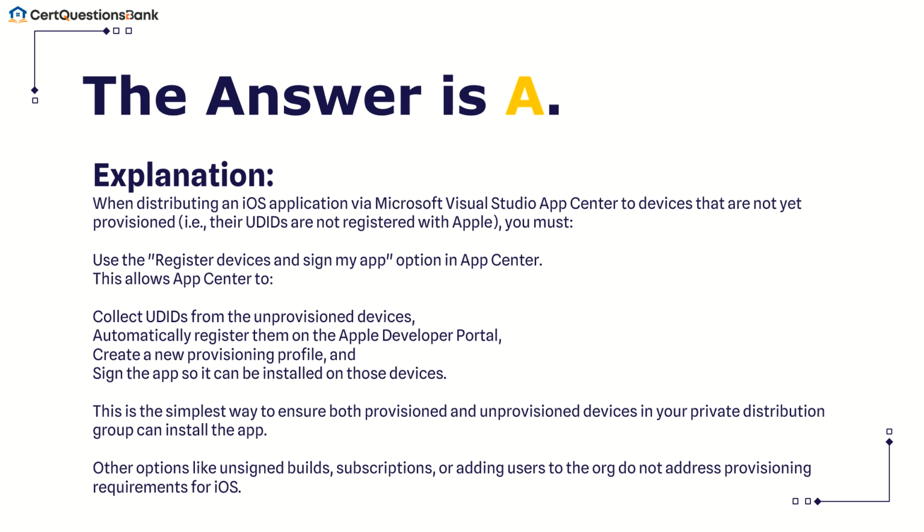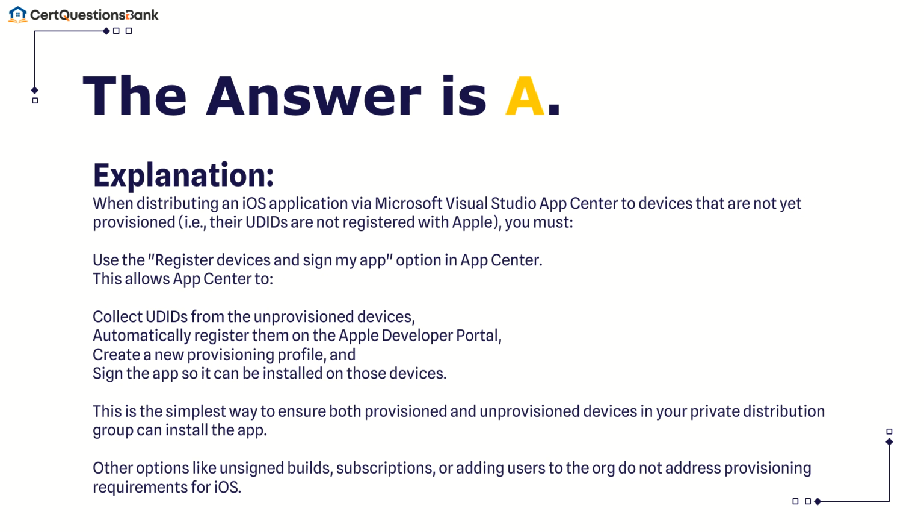When distributing an iOS application via Microsoft Visual Studio App Center to devices that are not yet provisioned, i.e., their UDIDs are not registered with Apple, you must use the Register Devices and Sign My App option in App Center.